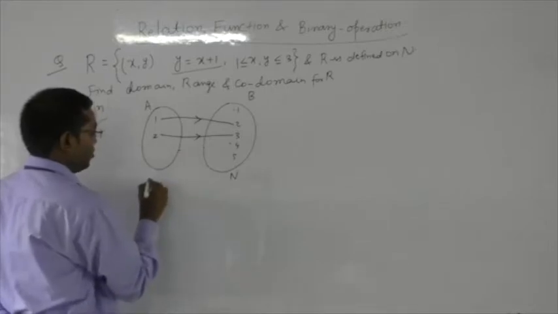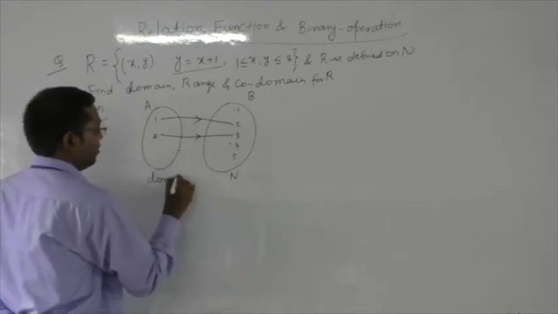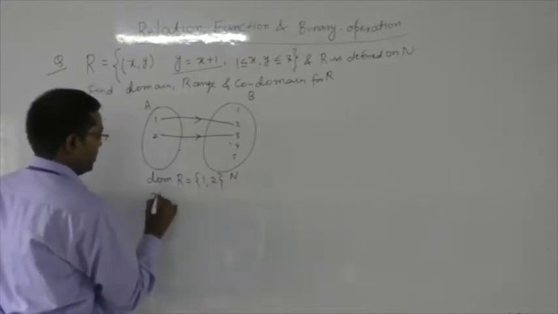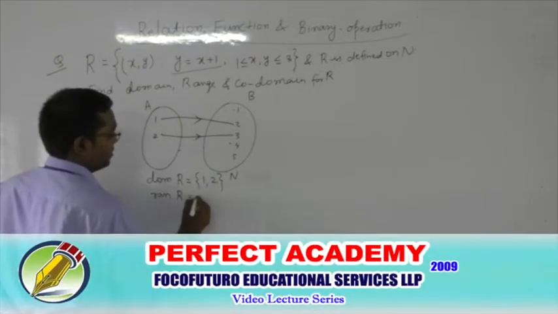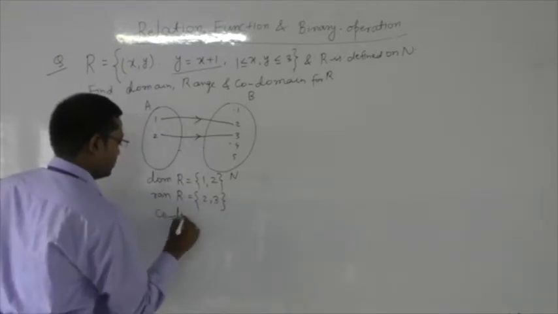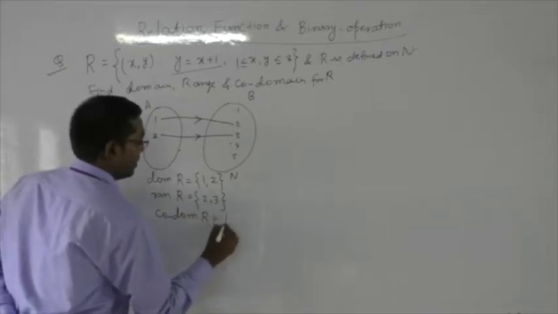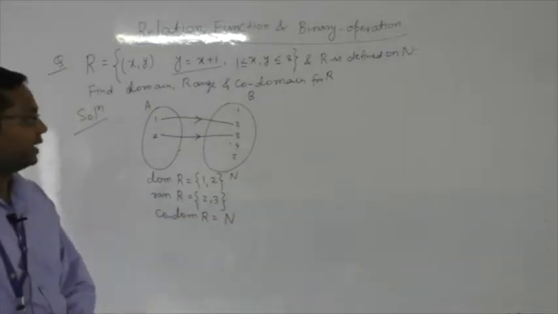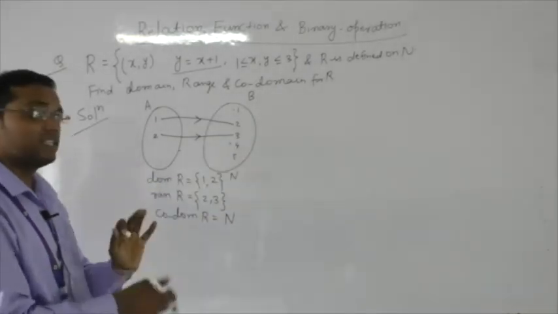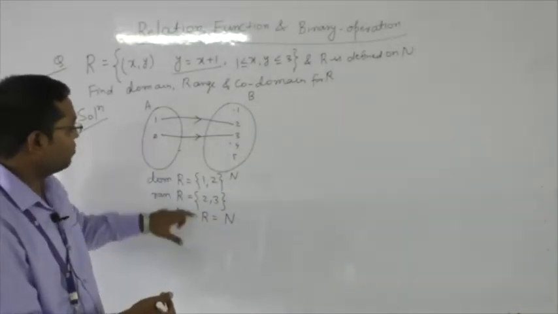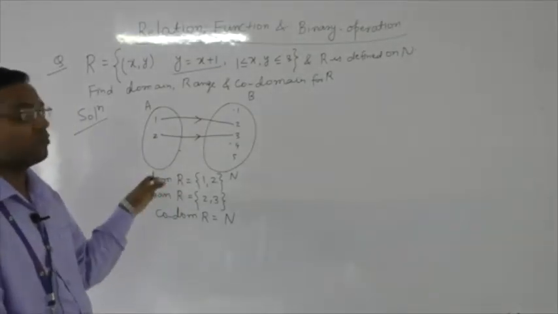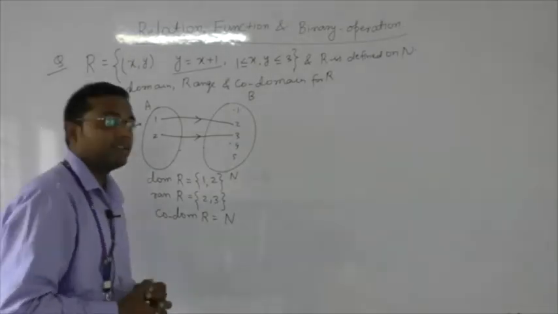Hence, we can say the domain of this relation is 1, 2 only, the range of this relation is 2, 3, and the codomain of this relation is all natural numbers. That is what I was talking about. Codomain will include all the numbers on which the set is defined. Only the related ones will be the range of the relation. That is how we find the domain and range for any relation. Let's see the next question.